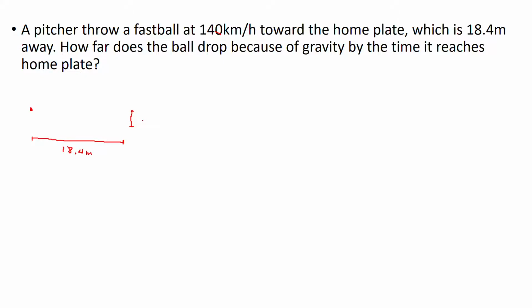So for that, what do we have to do? We need to know the time it takes from starting here to here. If you remember well, there's this formula for x: x equals x0 plus initial velocity in x times time.